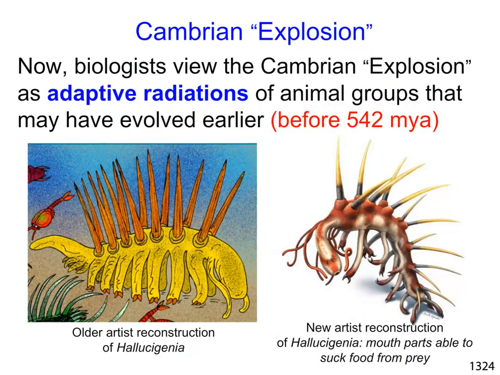Now, biologists tend to view the Cambrian explosion as adaptive radiations. You've heard that term before, of animal groups that may have evolved earlier, before 542 million years ago. One of my favorite critters that lived during this time period is called Hallucigenia. The reason it's called that, as you can see here, is that it's drawn pretty crazy, and it suggests, based on the fossil record, that this is what it actually looked like.